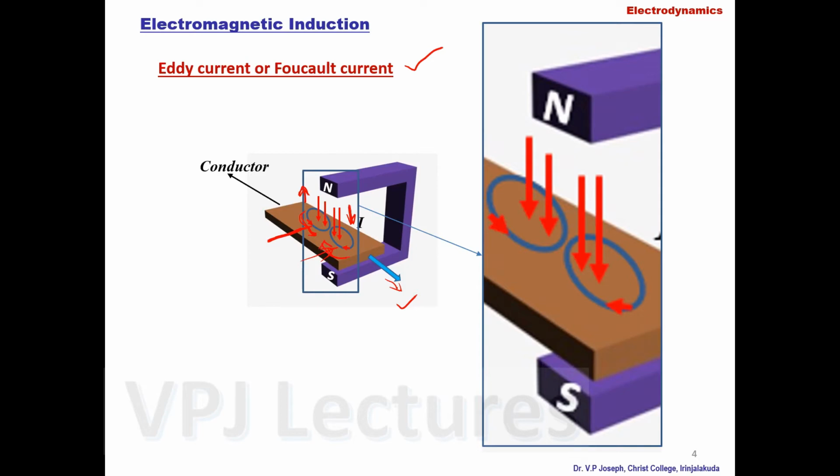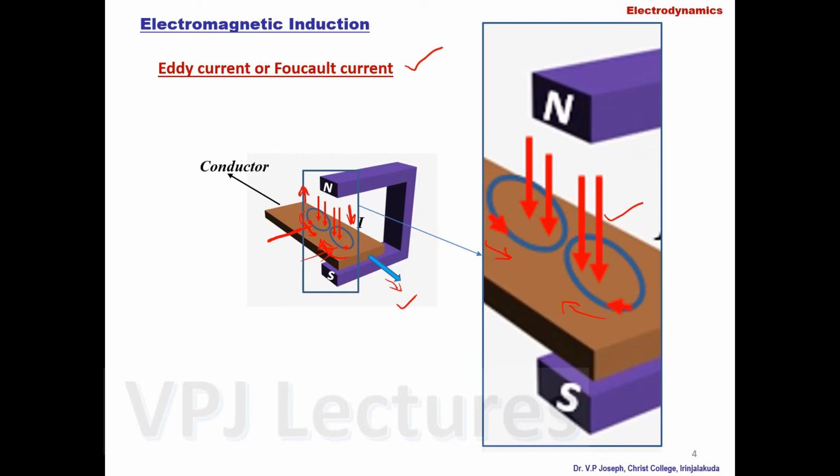Clockwise means the magnetic field produced by that current is also in the downward direction, as shown in the magnified form. At the entry point, the magnetic field growth region, the current is in the counterclockwise direction.